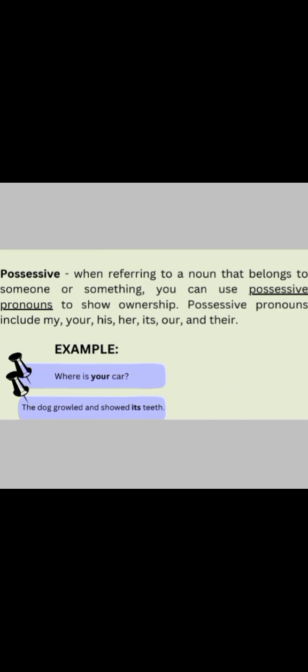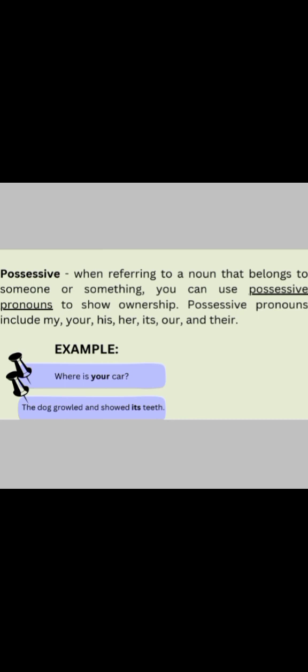When referring to a noun that belongs to someone or something, you can use possessive pronouns to show ownership. Possessive pronouns include my, your, his, her, its, our, and their. Examples: where is your car?